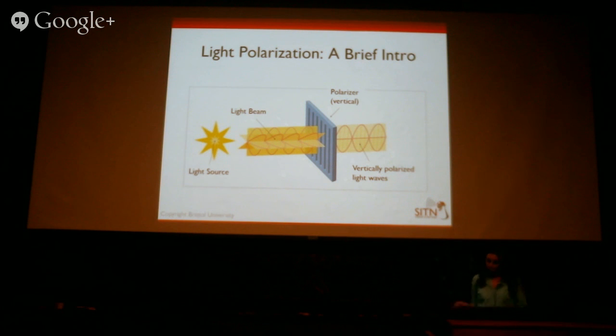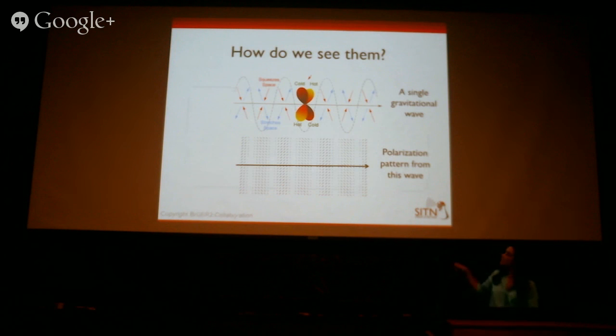It turns out this particular pattern of stretching and squeezing space causes more light to be emitted from the hotter parts than the colder parts, and this produces a particular polarization signature in the light from the cosmic microwave background.